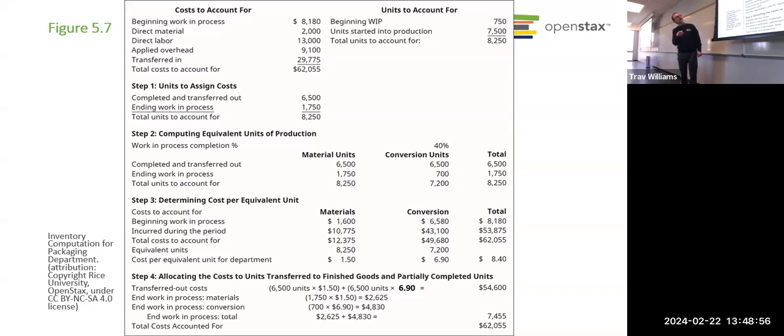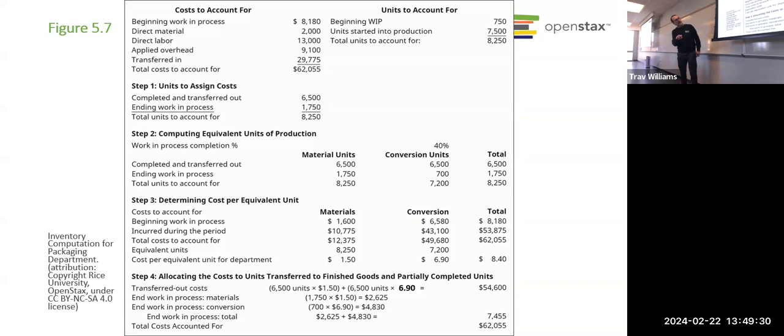Over here, we can see units, the number of units they had at the beginning, the number of units they started, and the total units to account for. And the ones that they started are the ones that got transferred in from the other department. Okay, now that units to account for equals this units to account for, right? Which shows us they completed 6,500 units, and they have 1,750 still in process.